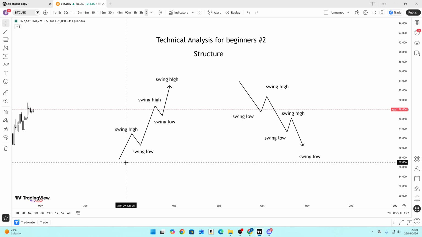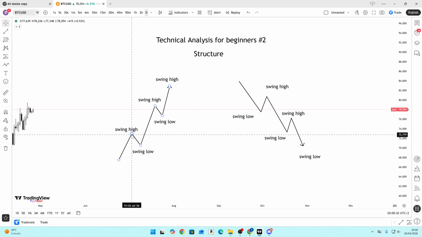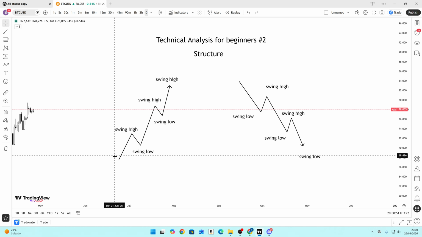Basically, if the trend is bullish, there's going to be a move that really delivers in that direction, which is up. This is going to be called a swing high, and then there's going to be a move that corrects the previous move, against the overall direction, which is up.